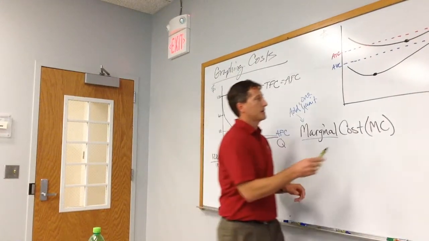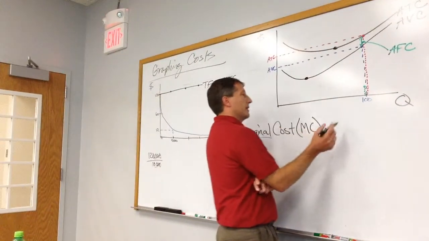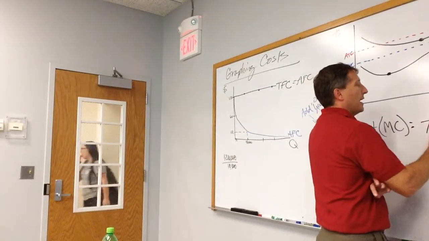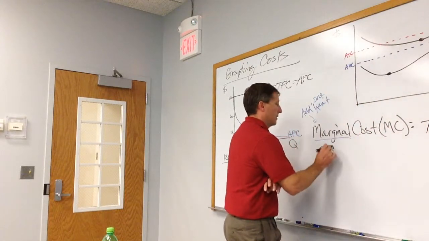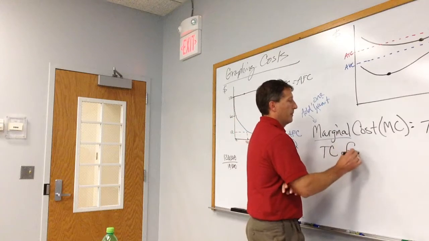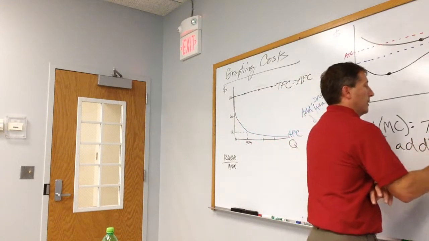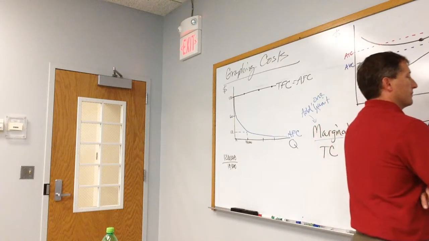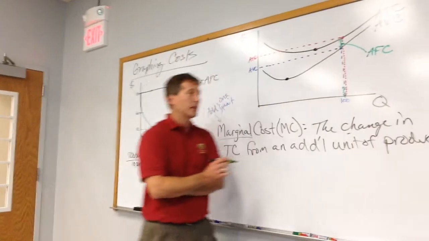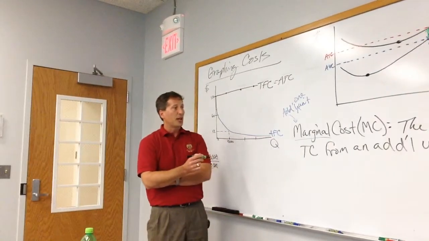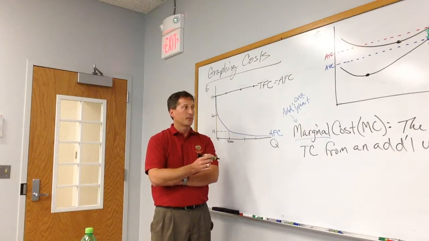So marginal cost, and I'm going to word it a little differently than what you just did, is the change in total cost from an additional unit of production, or sales or whatever we do. The change in total cost from an additional unit of production.